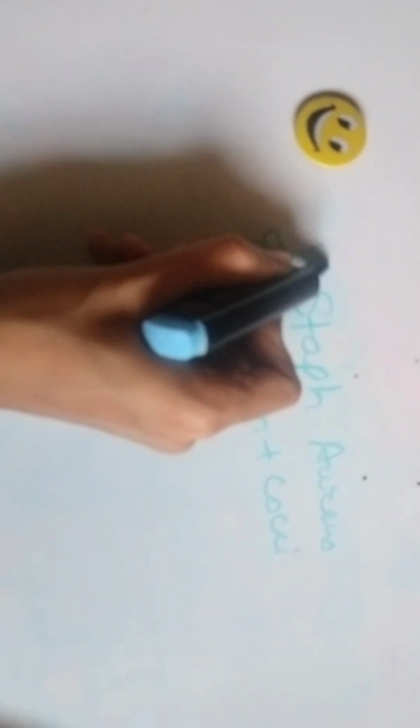Starting with Staphylococcus aureus. Staph aureus is a gram positive cocci. It has a grape-like structure, grape-like clusters.